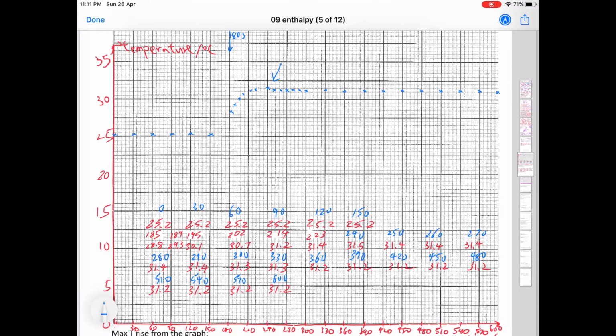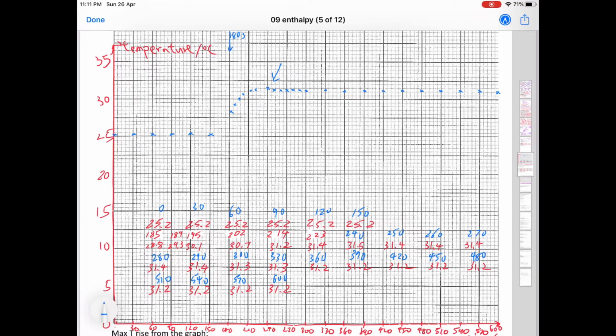The story is that during the addition of the reagent, during the reaction and after the reaction, because the reaction mixture has a higher temperature than the surrounding, there will be some heat loss to the surrounding. It means that this 31.5 data is actually not the maximum temperature the system can get, because some heat has been lost to the surrounding.